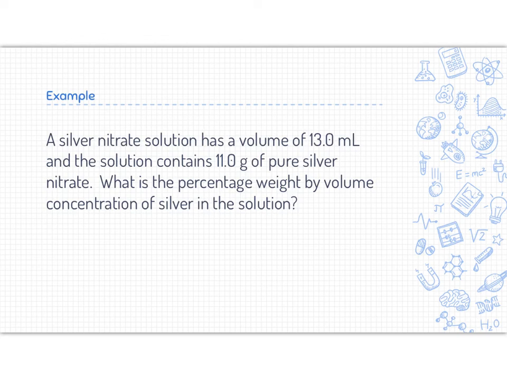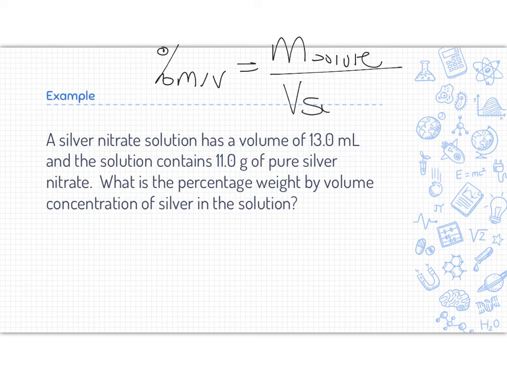So what is the percentage weight by volume concentration of silver in this solution? Okay, so we have our percent mass by volume, or weight by volume. So we're looking for the mass of solute over the volume of solution times 100%.